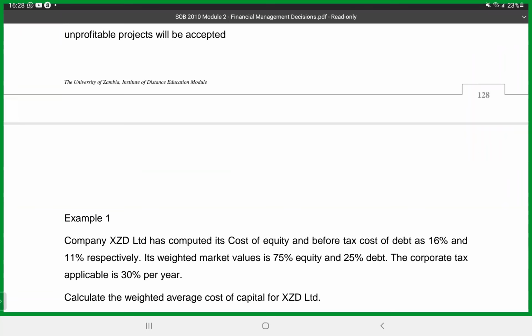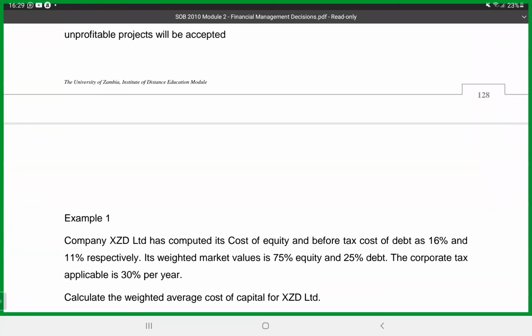Then the weighted market value of equity is 75%, and that of debt is 25%. Then the corporate tax applicable is 30% per year. Calculate the weighted average cost of capital, WACC, for XZ Limited.